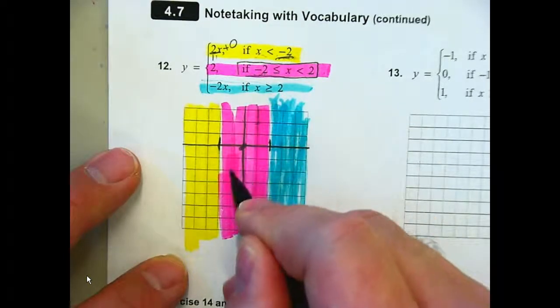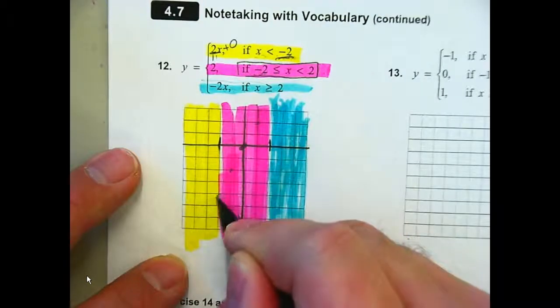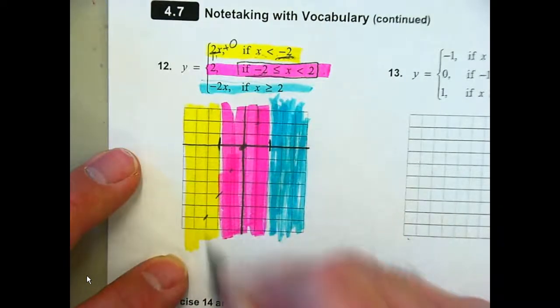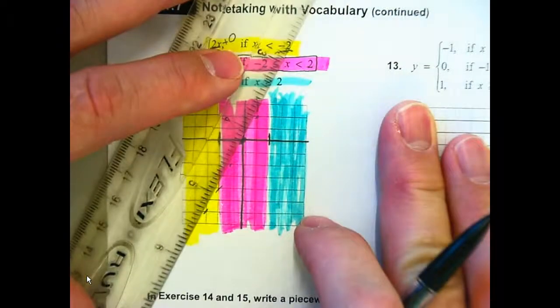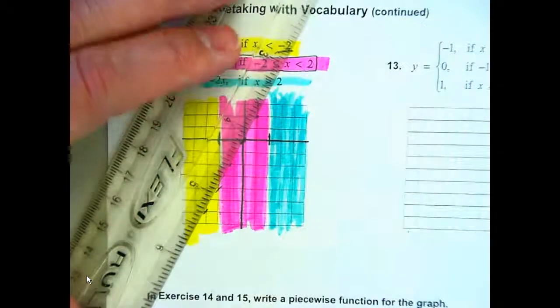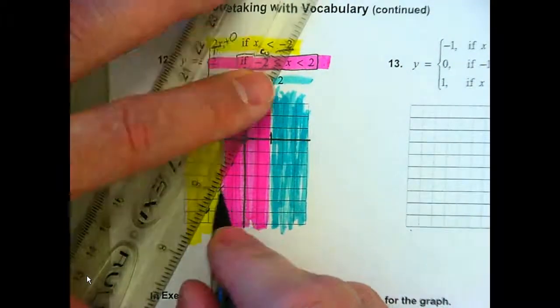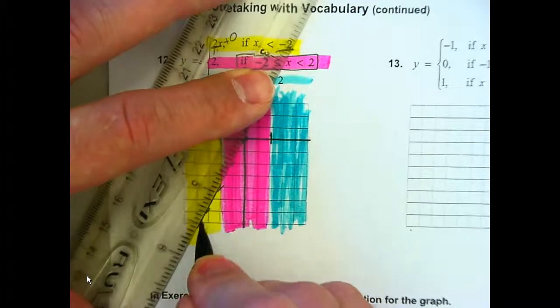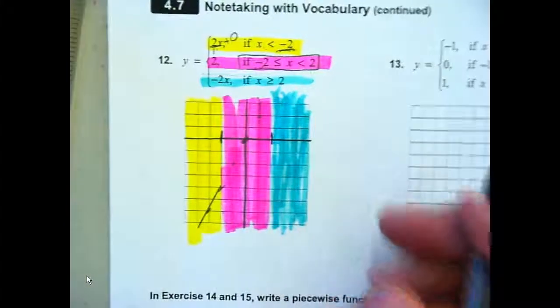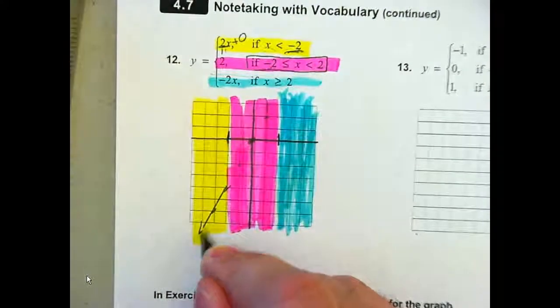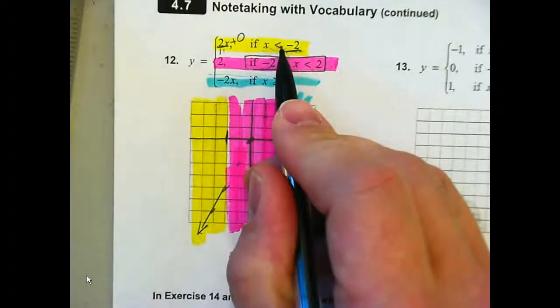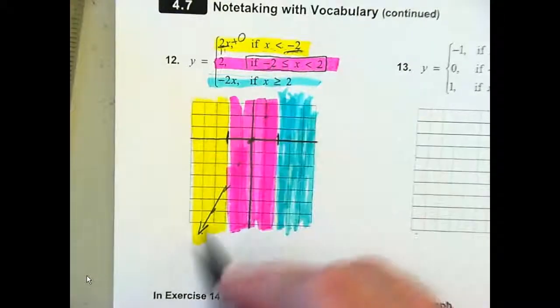You'd also fall 2 and run 1 this way, fall 2 and run 1 this way, and notice you eventually hit that yellow part. So your graph actually goes, like, here would be your line. The only part of that line that we would draw is this part right here, the part that's in the yellow region. And then you stop. Okay, so it ends right there, but it goes on forever that way because it says less than. It doesn't terminate. It keeps going.